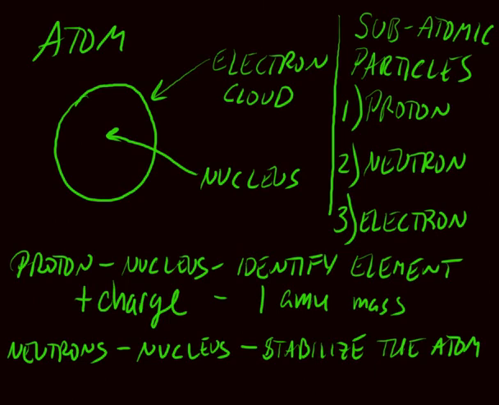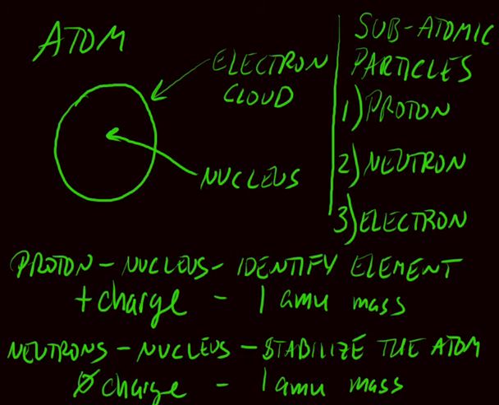So in essence, we will talk about neutrons as just stabilizing the atom. And in your reading, you will also know that they don't have any charge, but they also supply the atom with mass, and it's 1 AMU of mass as well.